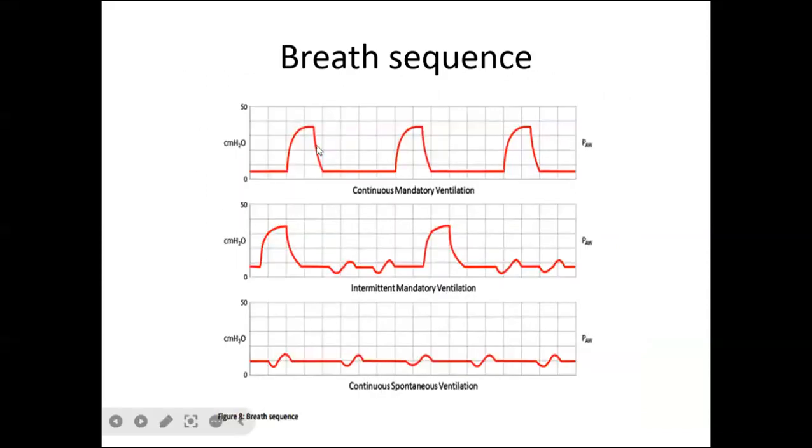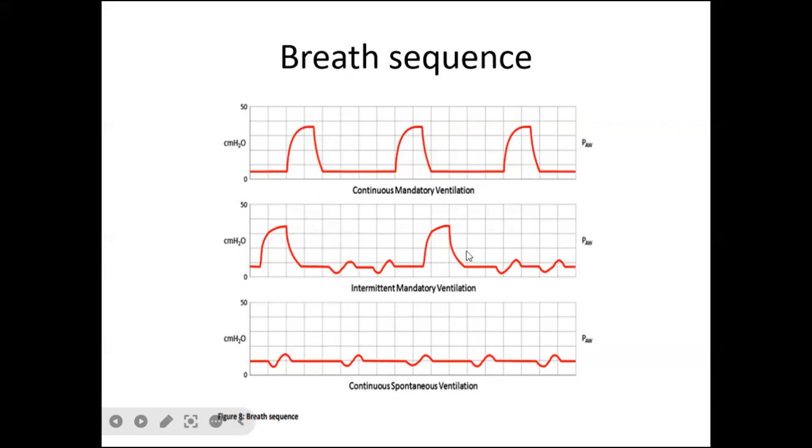So see here, what is the first one? What is this mode? Mandatory. All breaths here are given by the ventilator. Mandatory. There is no spontaneous breathing in between. So it is continuous mandatory ventilation.